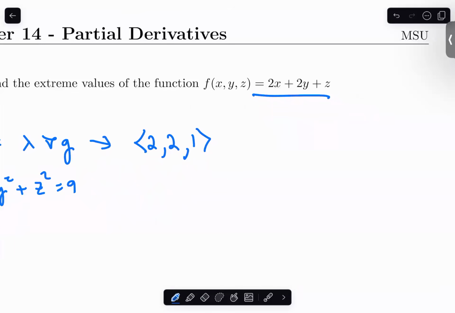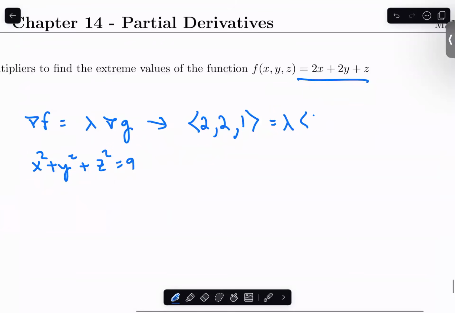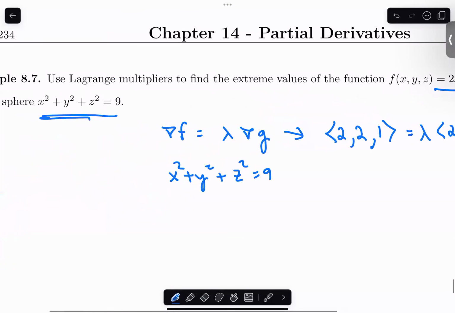This should be some scalar multiple of my gradient, my partial derivatives, for my constraint equation. So when I do that, what I'm going to get is 2x, 2y, 2z. So again, my g function over here is x squared plus y squared plus z squared.